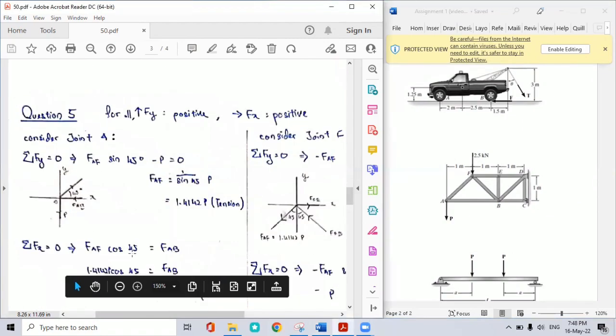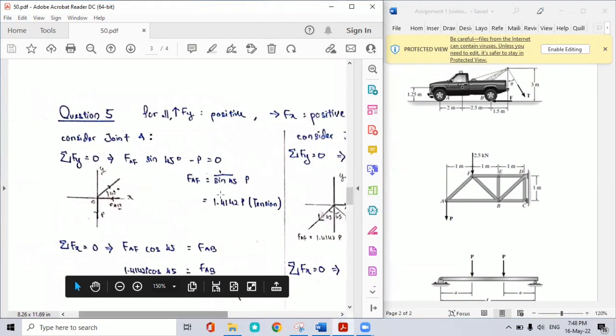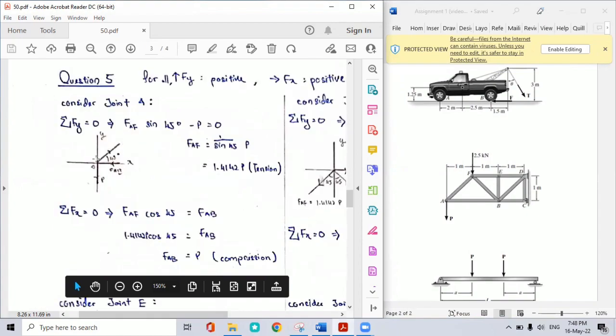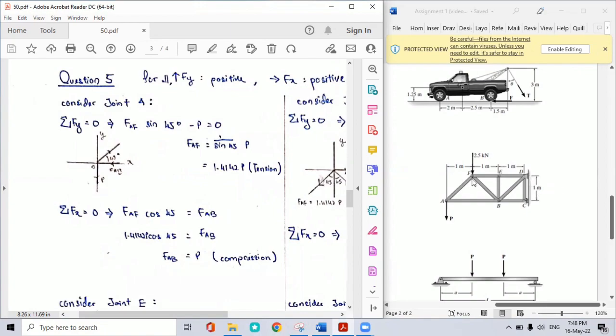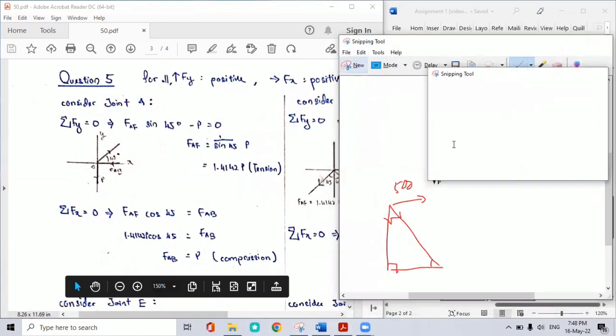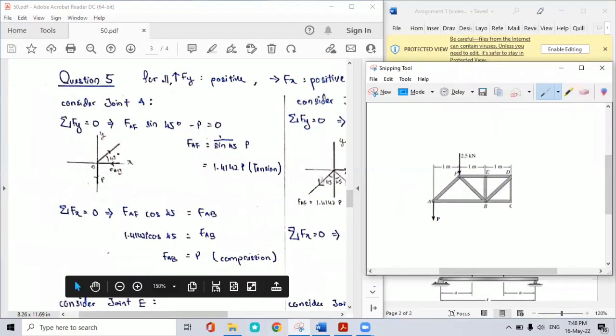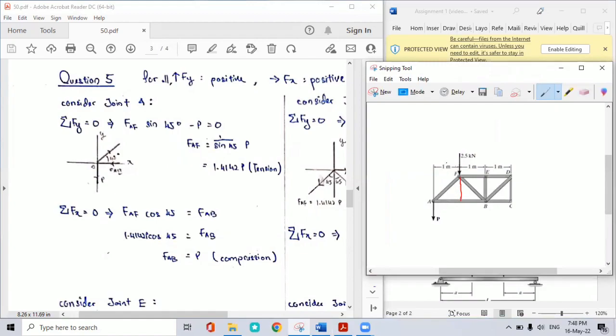Okay, how to zoom? Okay, at joint A, we have 45 degrees. So how do we get 45 degrees? Since the vertical length is 1 meter, and in this triangle, if we go half, it will be 1 meter at the horizontal and 1 meter at the vertical, meaning they have the same size.